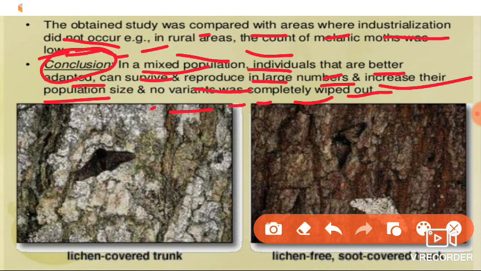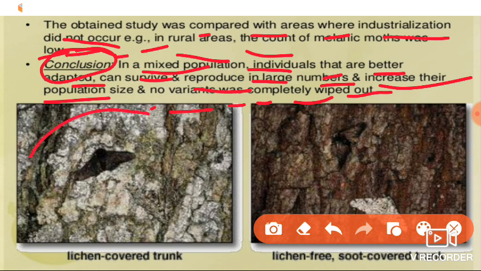Those variants are not completely removed. At some point they are present, but the dark winged moths are well adapted for the environment because of their camouflage, so they are able to survive.